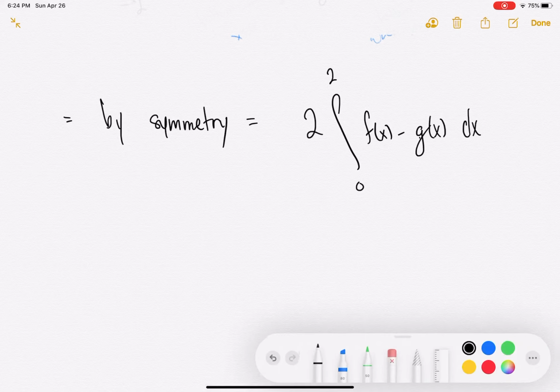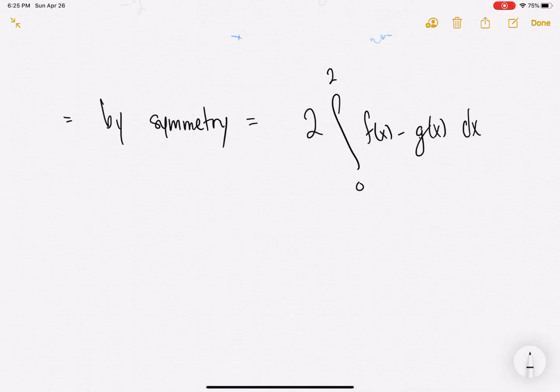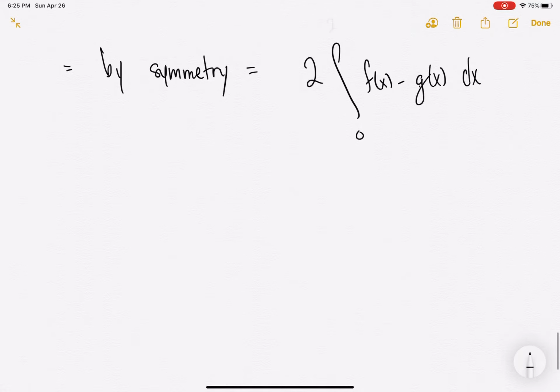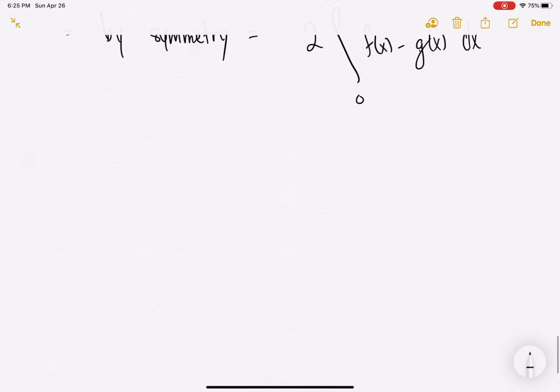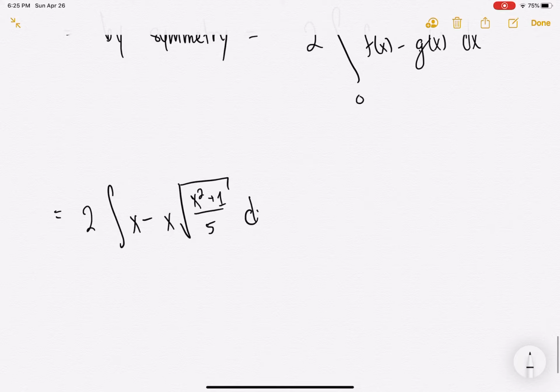I don't want to perform the integral twice, is all I'm saying, because it's the exact same integral. Of course it is, because it's symmetric. So I'm gonna do it this way. So what is this? This is 2 times the integral from 0 to 2 of x minus x root x squared plus 1 over 5 dx.